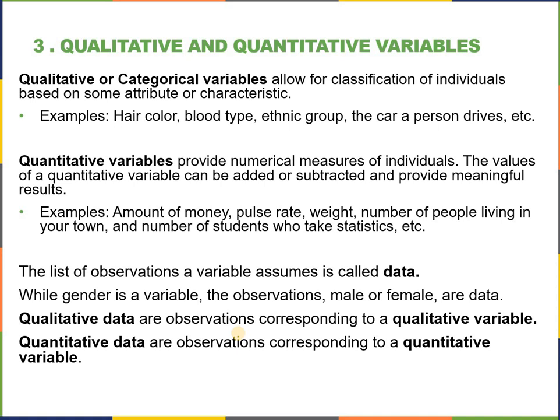So for example, the number of cars your household has is a quantitative variable. We could have 2. Some students may have 3 in their household. Maybe some of you have 0 cars in their household. These numbers are called quantitative data.